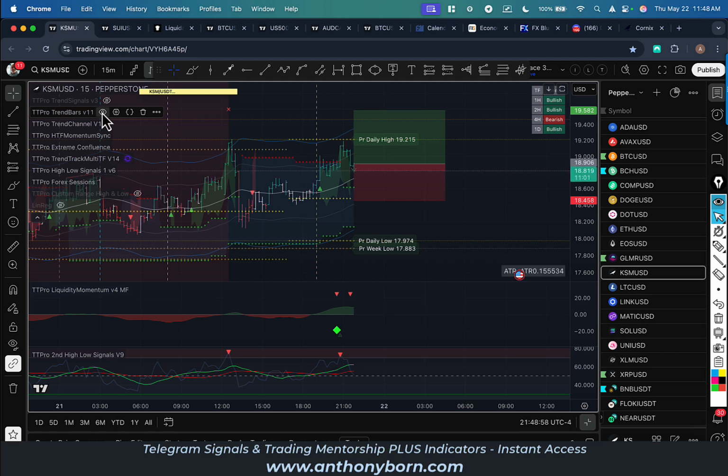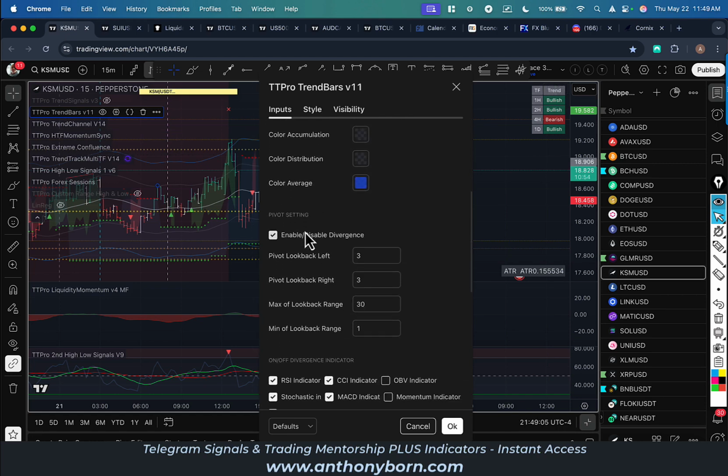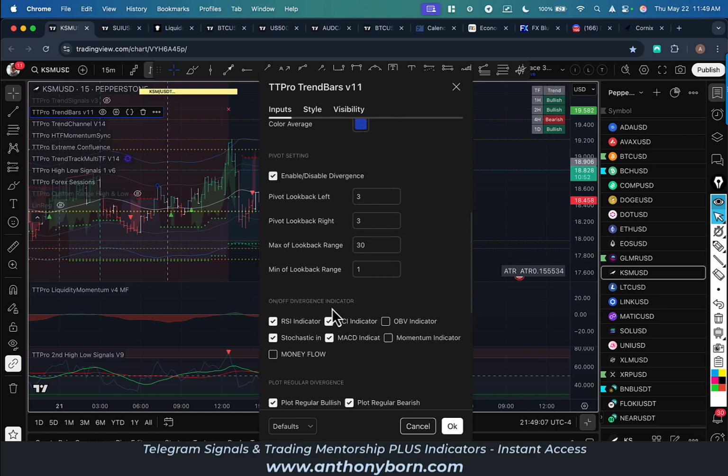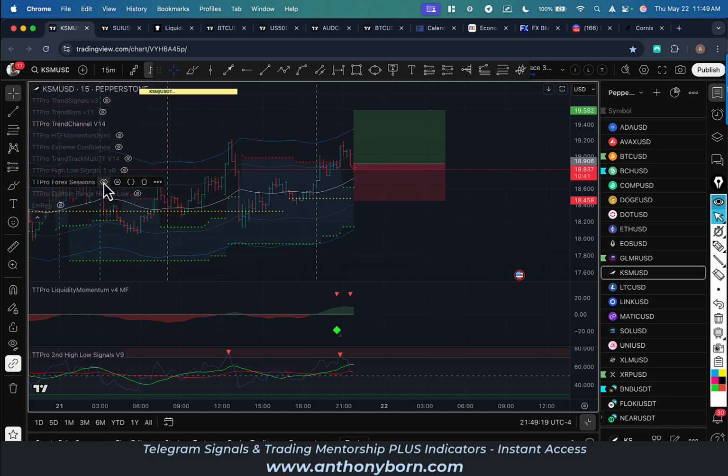There's none on the chart at the moment. And these coloured bars, make sure that we can select divergence. All right, down here it's done, and we've got these guys. Good. All right, the trend channel, take it out. Take everything out, and we'll just go through these, and I'll show you what we've got going. And you can copy this 4x sessions.